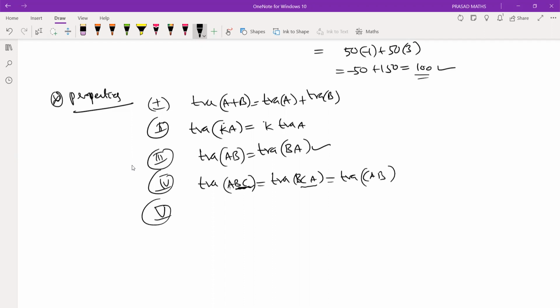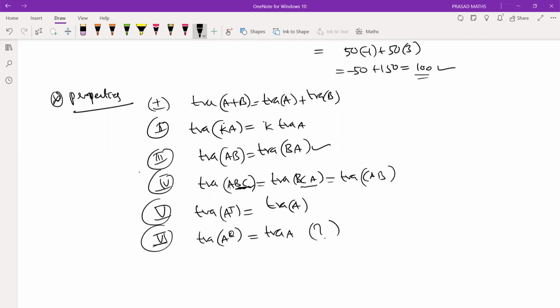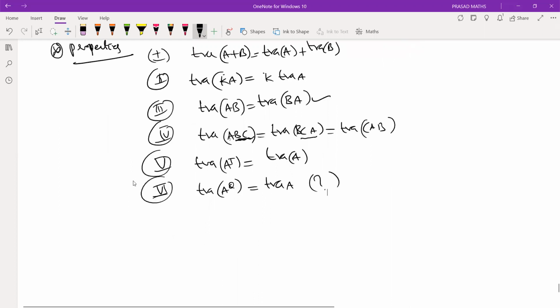Next, trace of A transpose is equal to trace of A. Next, the sixth one is trace of A theta. Is it equal to trace of A? Are they equal? Yes or no?